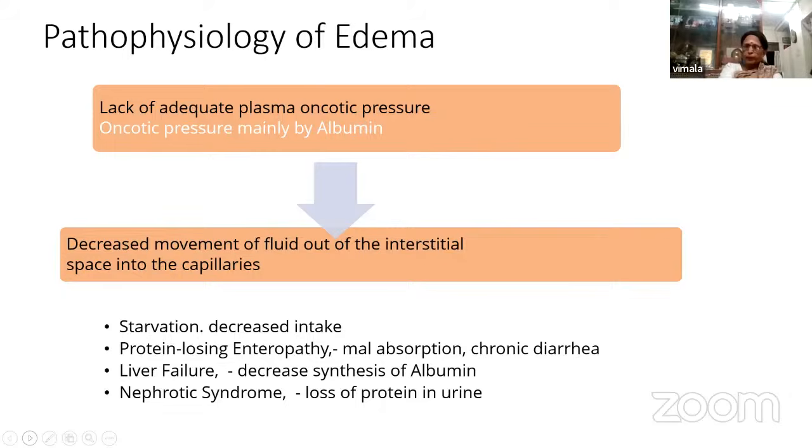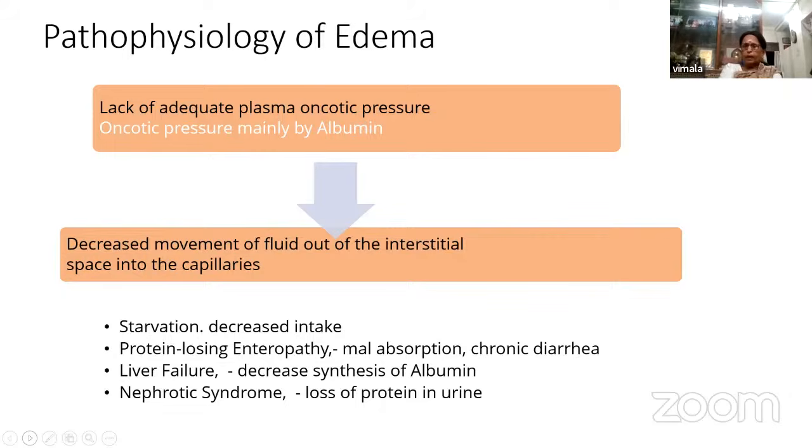Last but not the least important is protein-losing enteropathy. Gastroenterologists would say that's the most common thing. Crohn's disease and ulcerative colitis are common causes of malabsorption syndrome. There are other causes for chronic diarrhea as well. All this diarrheal loss will contain protein. So when there is no protein absorption taking place, the liver cannot synthesize albumin.